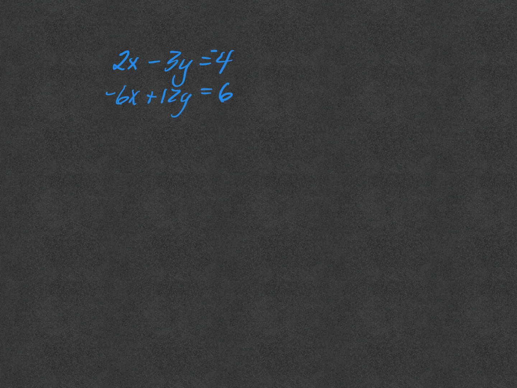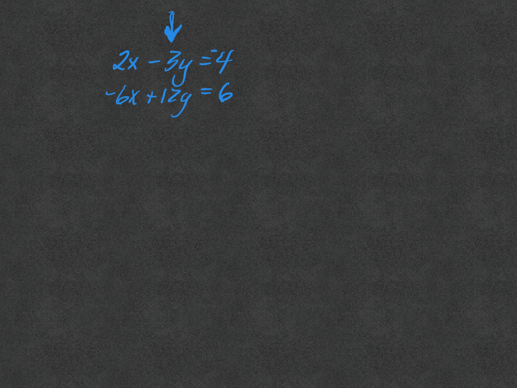Now, when we look at this one, we see we have a 2x and a negative 3y in the first equation, a negative 6x and a 12y in the second equation. So what we want to do here is get rid of one of the variables. So let's say we want to get rid of y, okay? Then what we need to do is make them have the same coefficient.